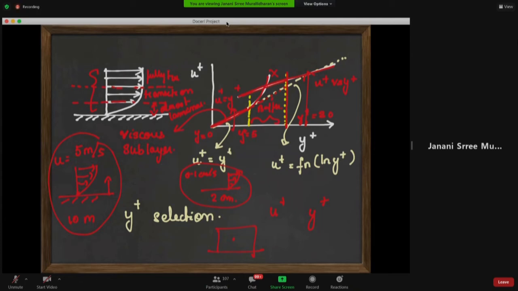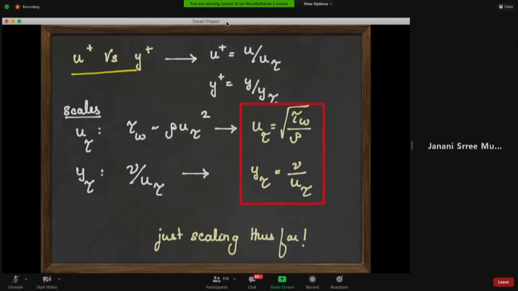So you need to decide whether you want a mesh so big that the cell center is somewhere in the third region, or you resolve it to the viscous sublayer region. This is the most critical point that you'll have to understand.